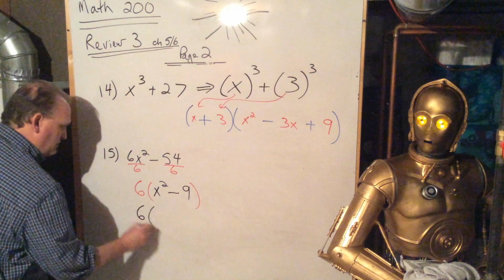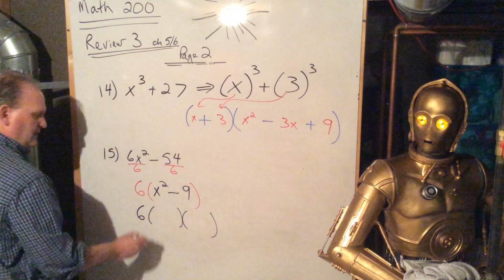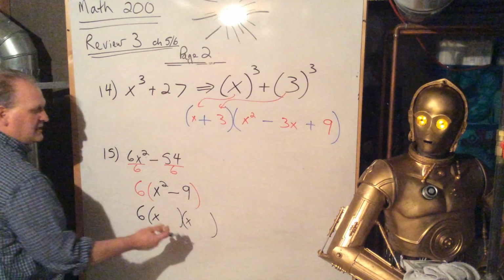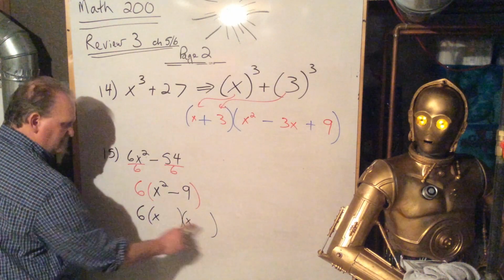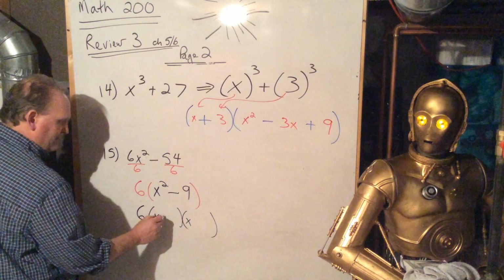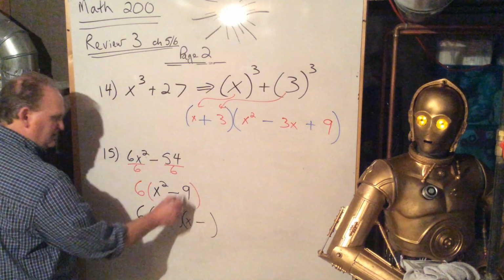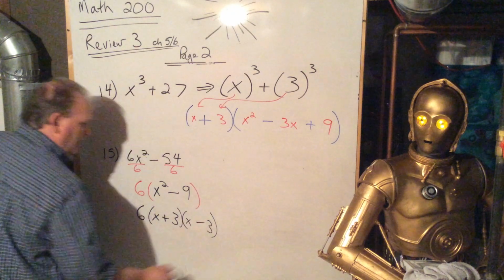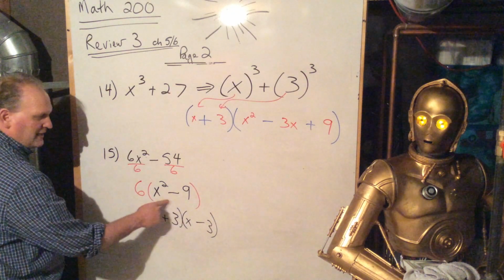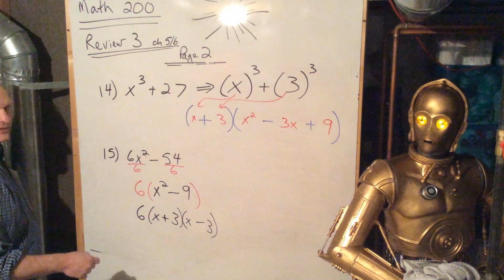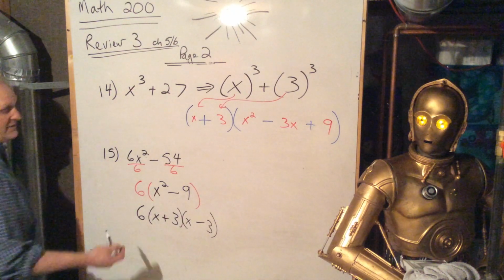The difference of 2 perfect squares always works out to be conjugates. Remember when we were multiplying, I said those are conjugates because just that one sign was opposite. That's a plus and a minus, a 3 and a 3. And see what's going to happen. 3x, negative 3x, 0x. That's why there aren't 3 terms in it. That's why it's a second degree binomial instead of a second degree trinomial.